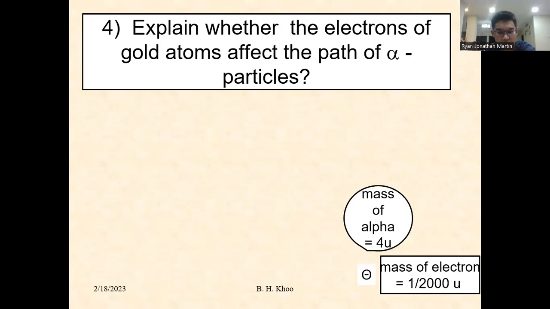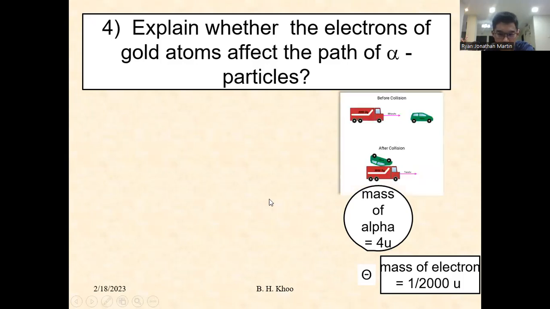What will happen when the elephant is running very fast towards you? Okay, that is roughly the picture. Alpha particle is about 4 atomic mass units. Electron is about 1/2000. You can see very, very small. So when the alpha hits the electron, it will fly off. It's just like a heavy truck knocking a small car, the car will fly off.